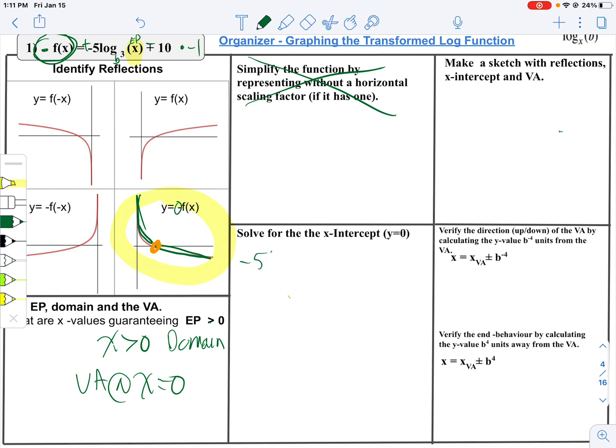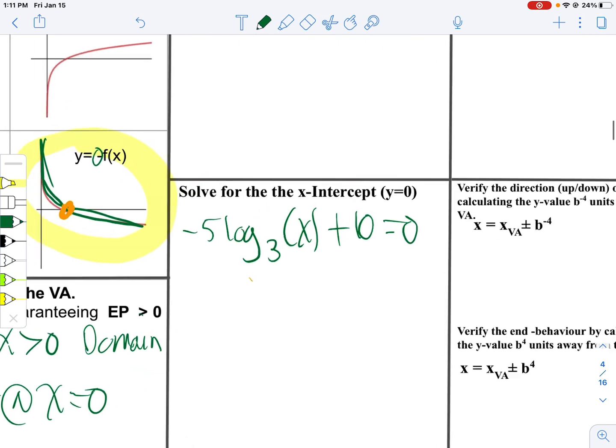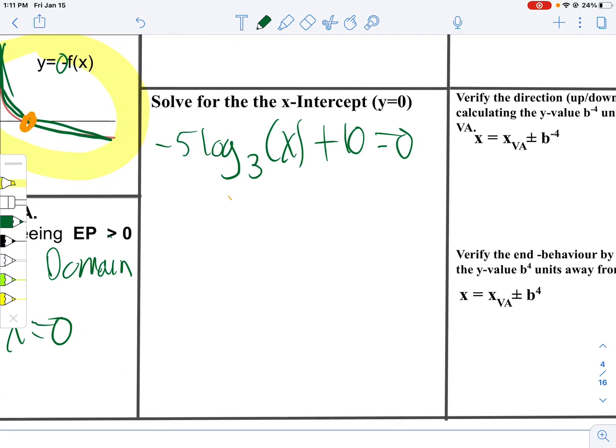I have negative 5 log of x base 3 plus 10 equals 0, and that's the equation I need to solve. I would subtract 10 on each side: negative 5 log of x base 3 equals negative 10.